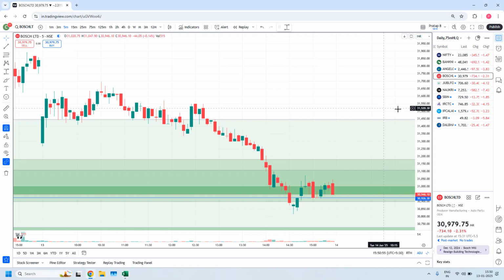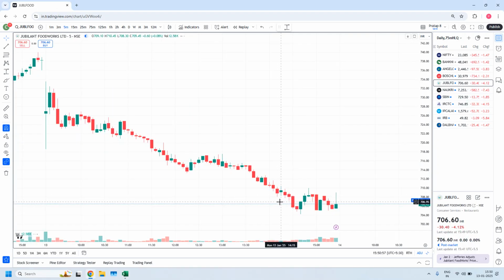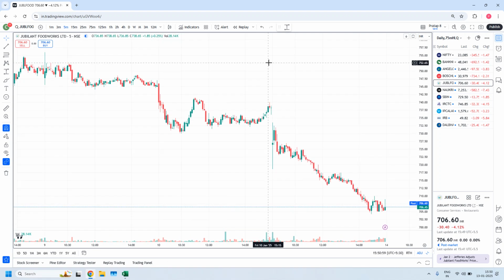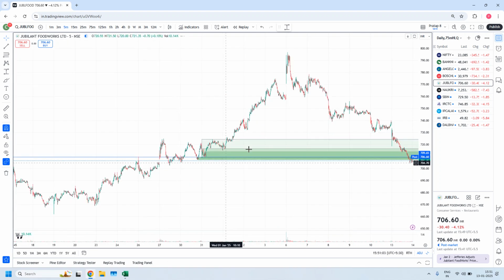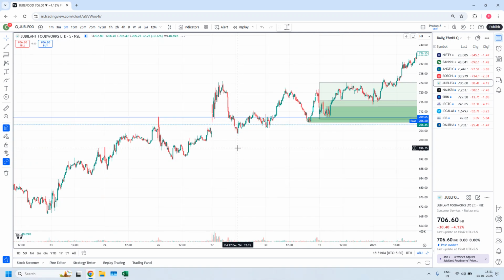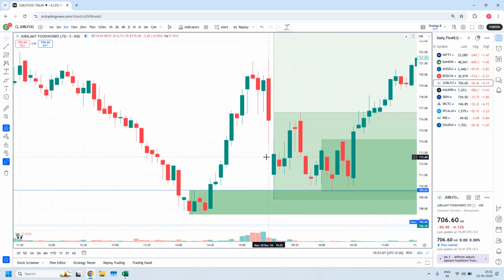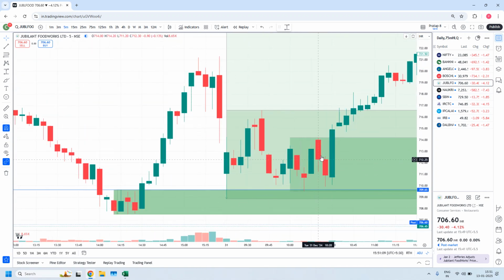Next one is Jubilant Food. This is also a high liquidity zone. See here, I have drawn a blue color line where the entry is. This is having order flow. Yesterday we had doubt about this order flow, drop-base-rally, because I am not convinced with this base candle. Even if I draw drop-base-rally, this is already tested.